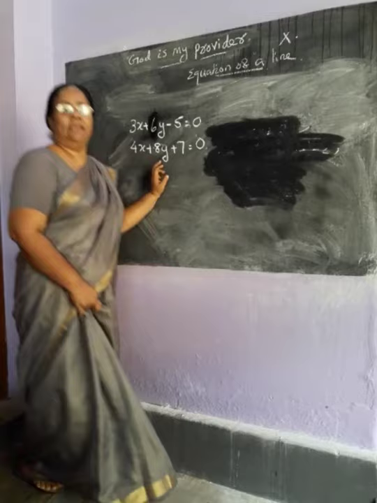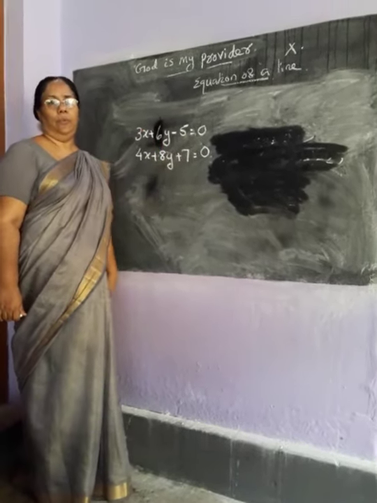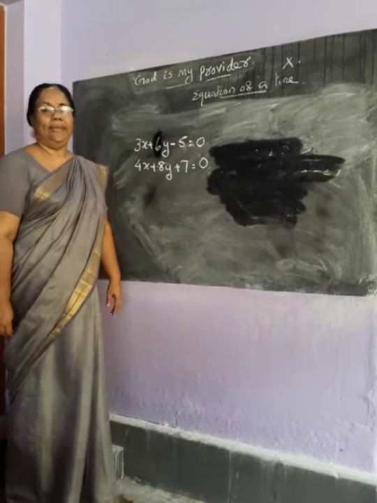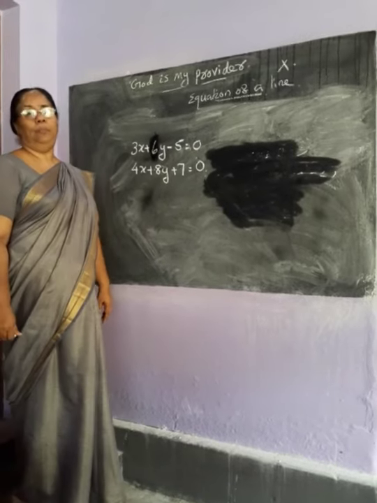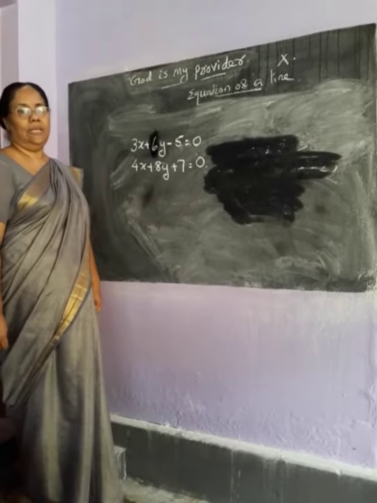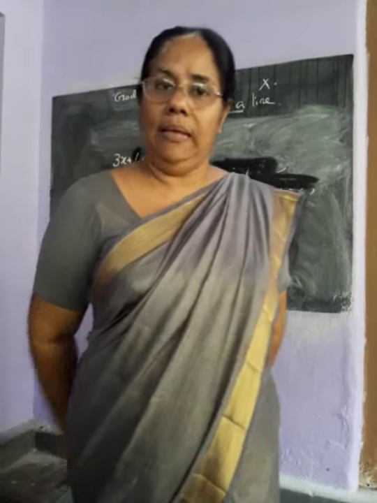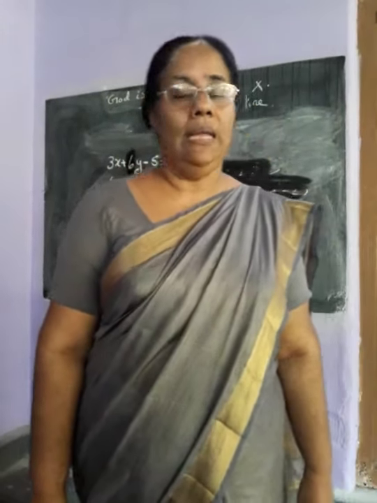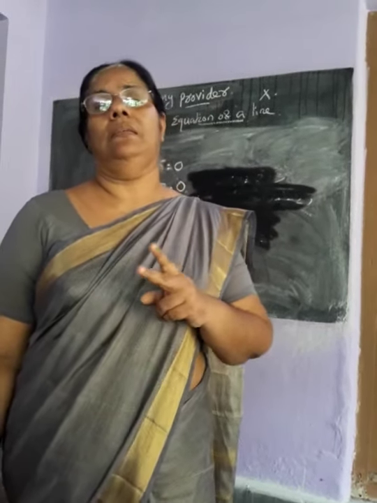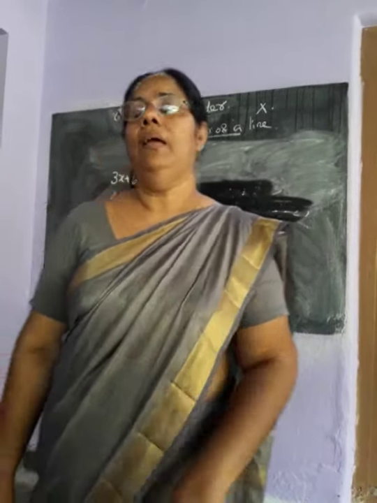Two lines are given. Our aim is to prove that these two lines are parallel. The condition to check two lines are parallel is that their slopes are equal. To prove two lines parallel means to prove that their slopes are equal.